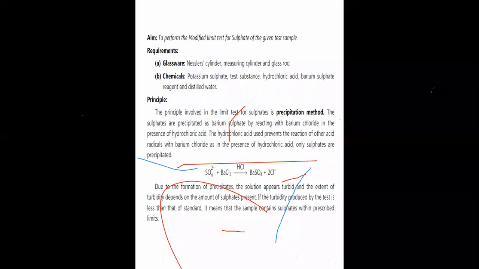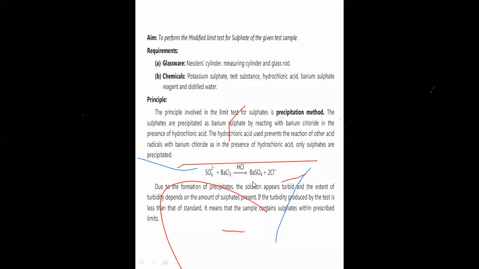What is the modified limit test of sulfate ions? The principle involved in this limit test is that sulfates are precipitated by reacting with barium chloride solution in the presence of hydrochloric acid, and the hydrochloric acid prevents the reaction of other acid radicals with the barium chloride.